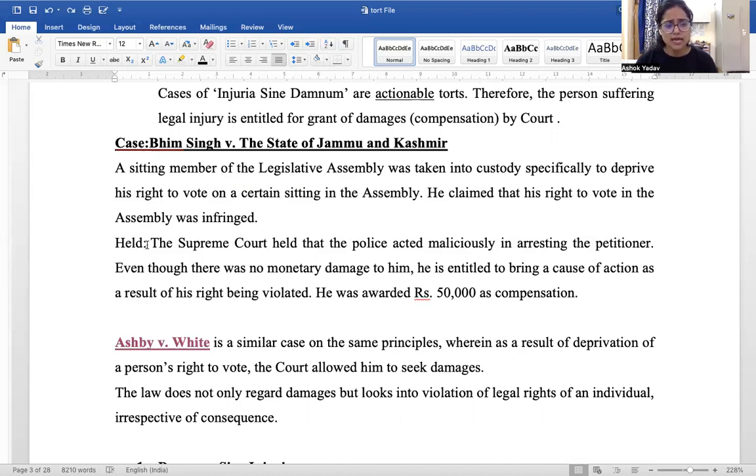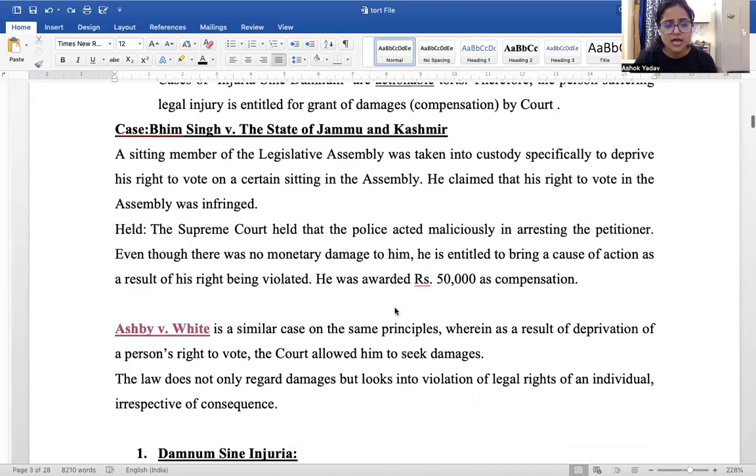The Supreme Court held that the police acted maliciously in arresting the petitioner, and even though there was no monetary damage to him, he is entitled to bring a cause of action as a result of his right being violated. He was awarded 50,000 as compensation.